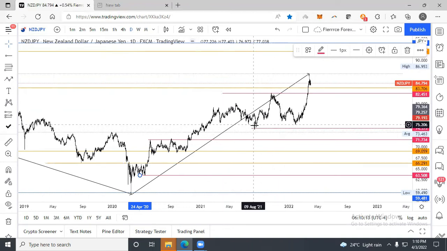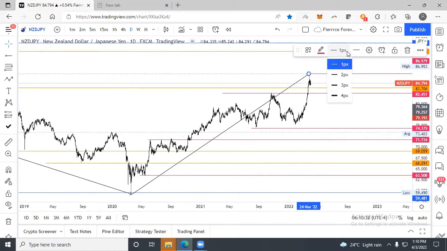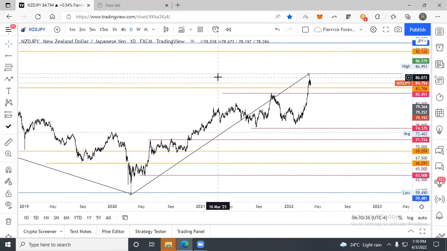So we can see this is the intermediary structure on the daily, okay? And this now will be the external structure vis-a-vis this move up here, the external high and external low. So external structure, and then this now will be the external high. Let me make that a different color. So hopefully what I'm doing is sinking in as we go along.